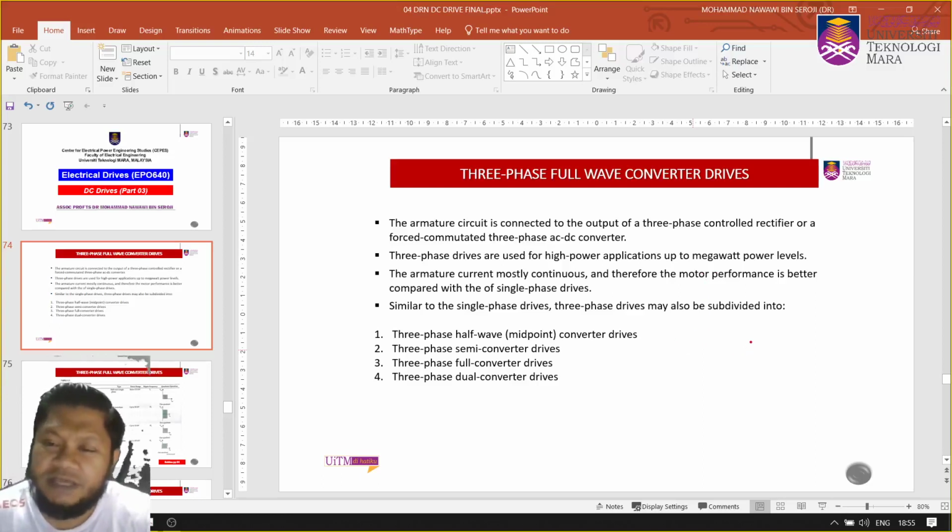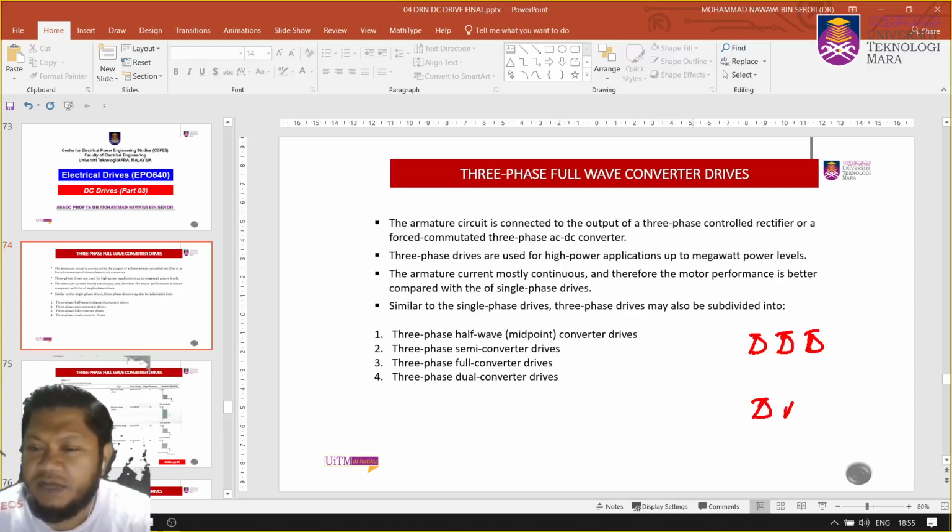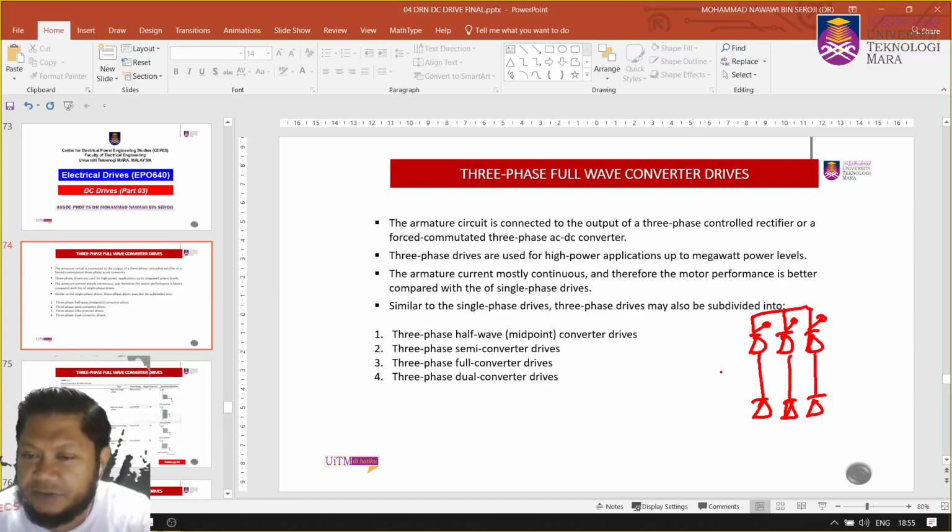Semi converter is where you arrange 6 devices, but the top group here is control rectifier, which are the thyristors, while the bottom group will be left as diodes.